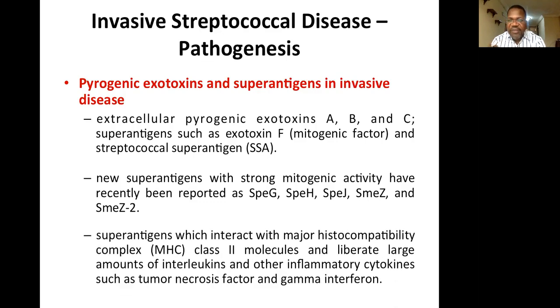What happens is that those superantigens interact with the MHC class 2 molecule and then liberate a large amount of inflammatory cytokines. So there is a very strong inflammatory response with the release of cytokines such as tumor necrosis factor and interferon gamma, and because they are released in excess, they cause tissue destruction.